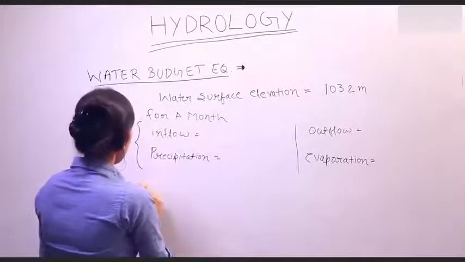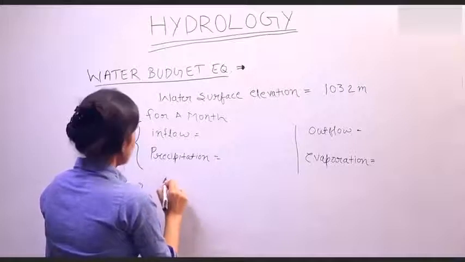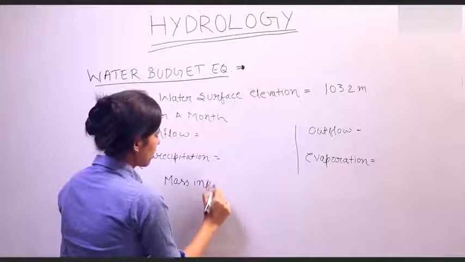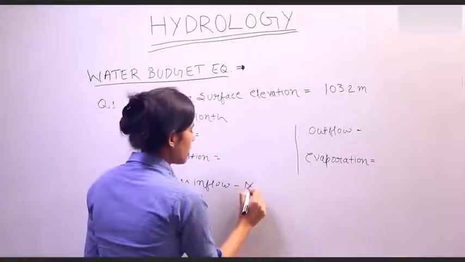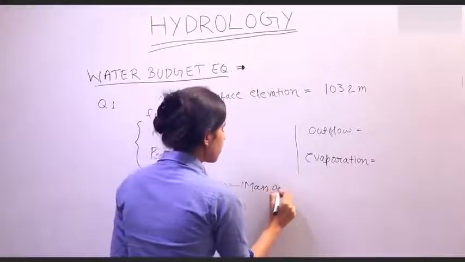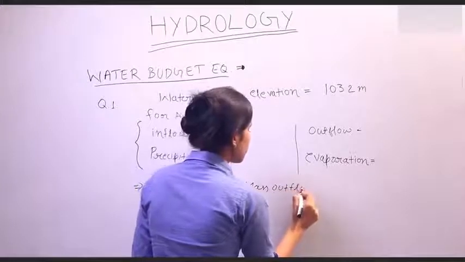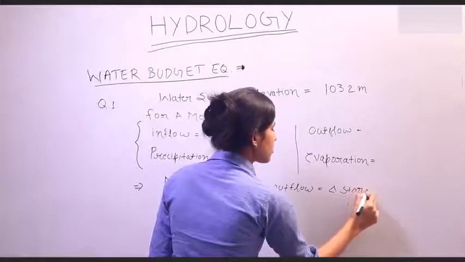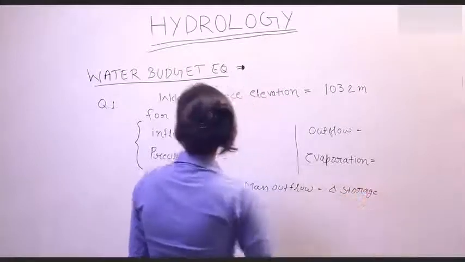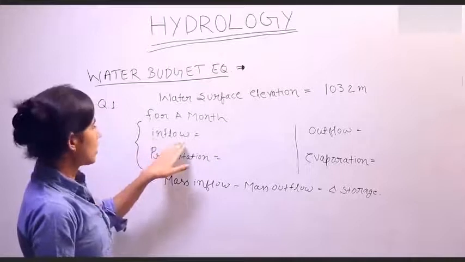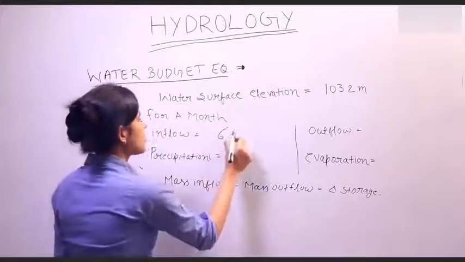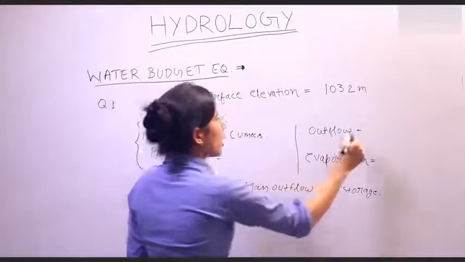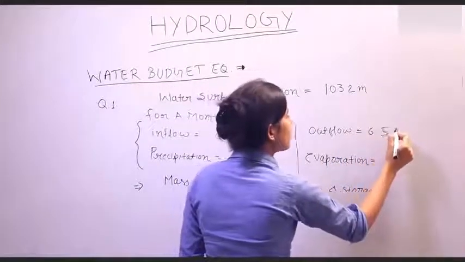That we will calculate on the basis of the water budget equation, that is mass inflow minus mass outflow is equal to change in storage. So let's say our inflow in that lake is 6 cumec and outflow is 6.5 cumec.